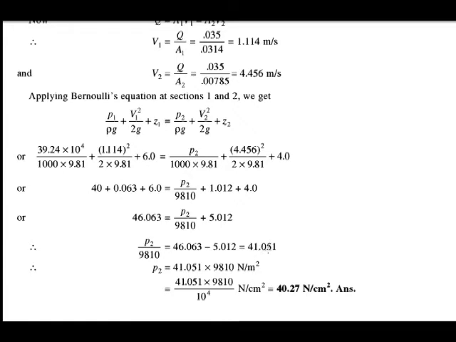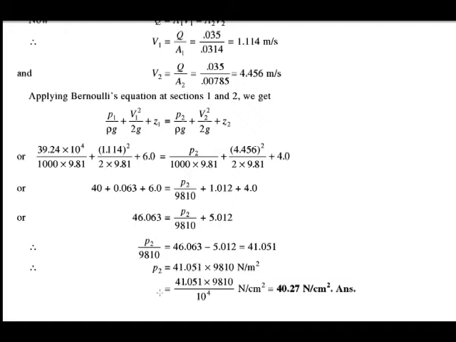Okay, so convert it into Newton per centimeter square, which is equal to 41.051 into 9.81. Now we will convert this pressure into centimeter.